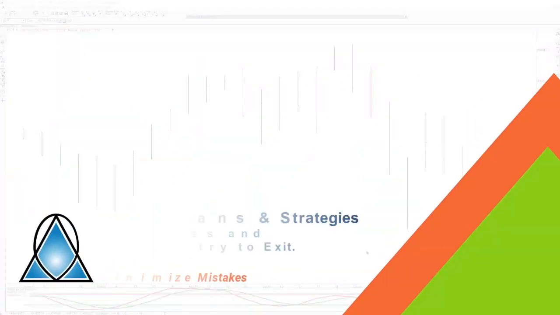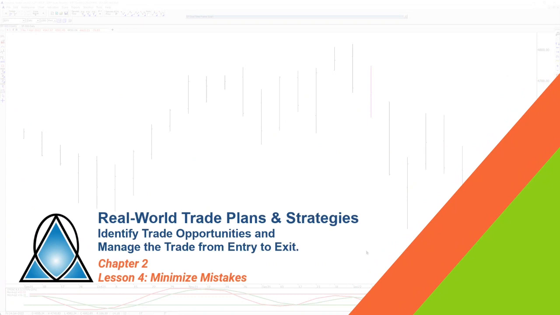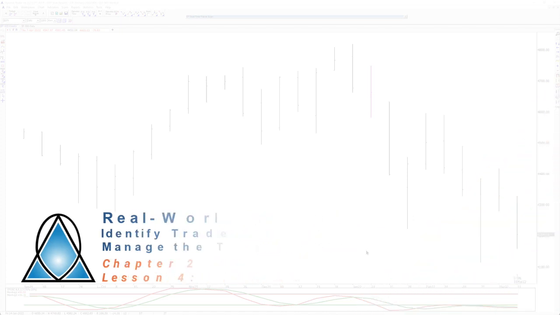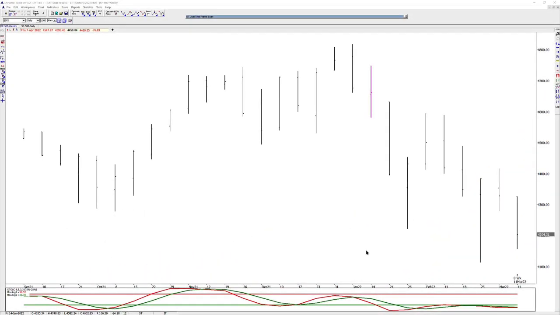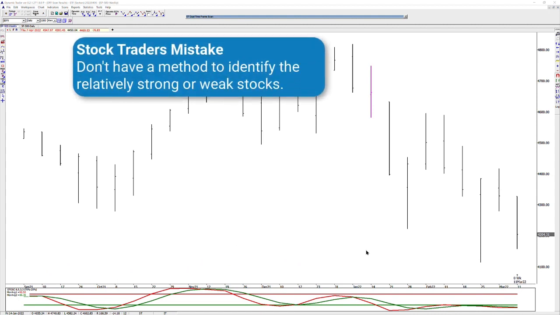In this lesson, let's look at how we can identify potential stocks to trade. So one of the big mistakes, since that's our theme for this lesson, that people can make if they're stock traders, is to not identify the relatively strong or the relatively weak stocks. You don't necessarily want to buy a stock that looks like it's bottoming out, or buy a stock just because the price is low.